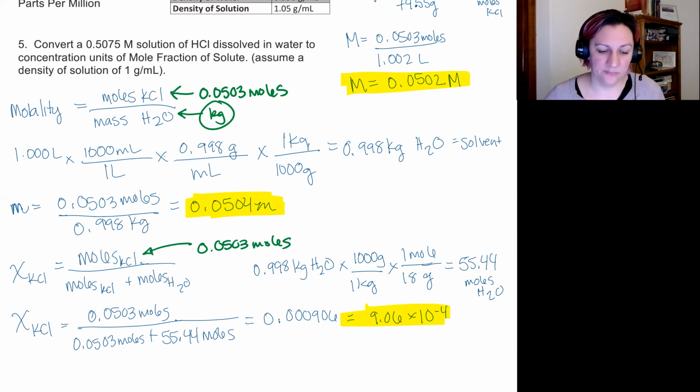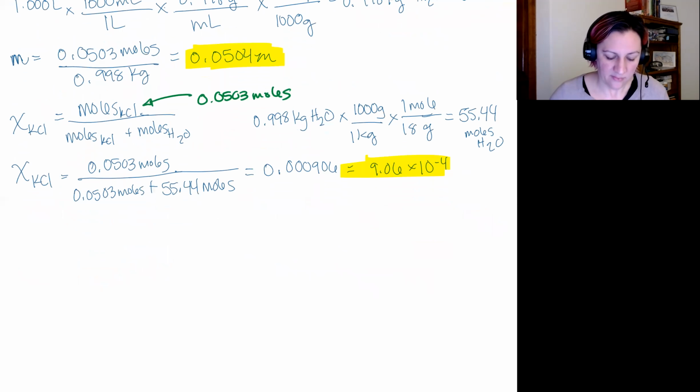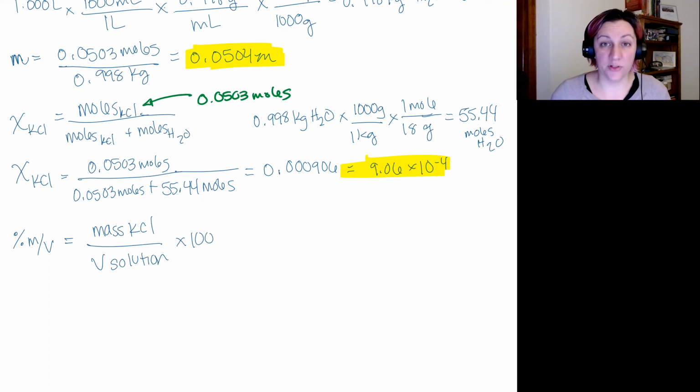Let's move on. Let's try mass per volume. So this is going to be equal to the mass of my KCl divided by the volume of my solution times 100%. And I already know these things, which is great. I know that my KCl mass is 3.75 grams.